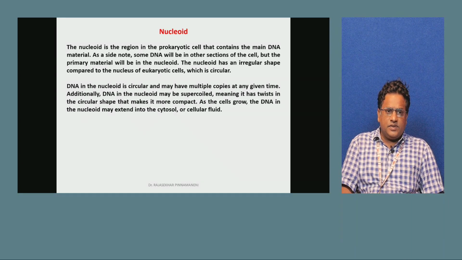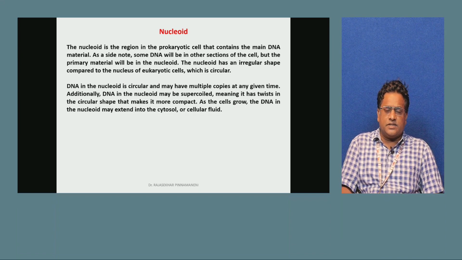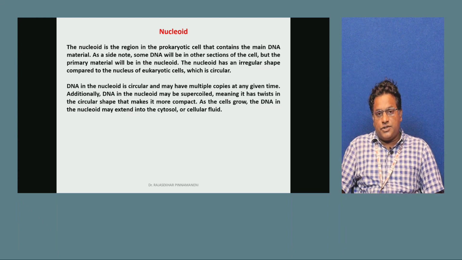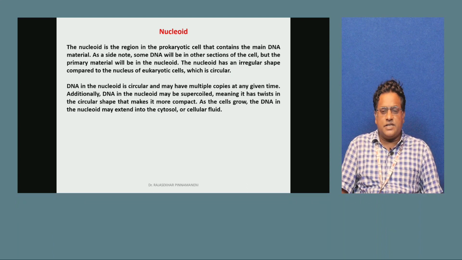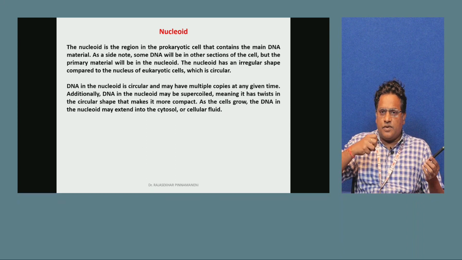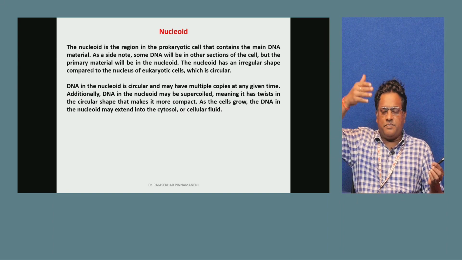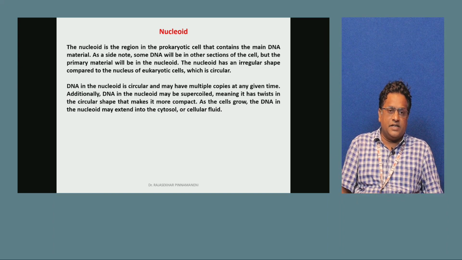The nucleoid has an irregular shape, compared to the nucleus in eukaryotes, and the DNA in the nucleoid is more circular, in contrast to eukaryotes, where you find it much more organized. Here in prokaryotes I would not say it is disorganized, but it doesn't have the higher dimensions of packaging that you find in eukaryotes.